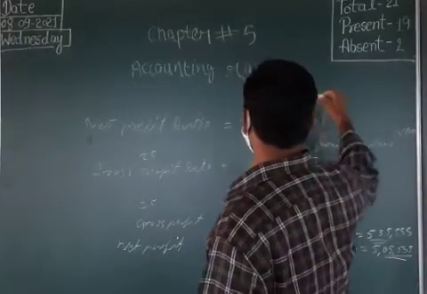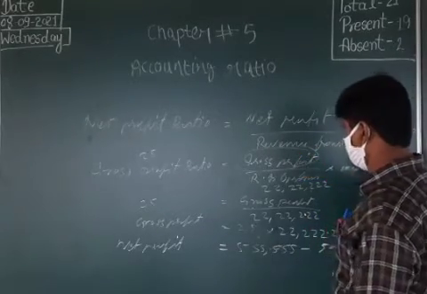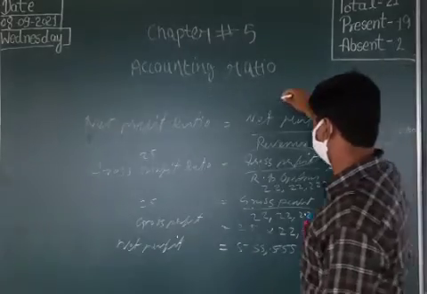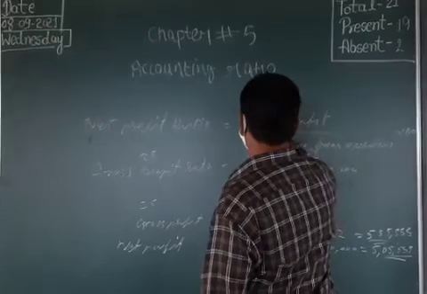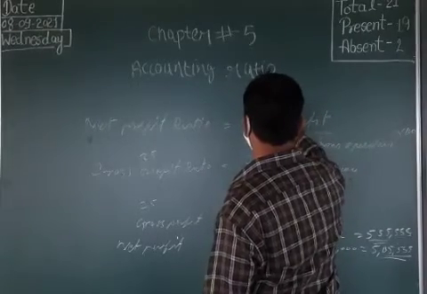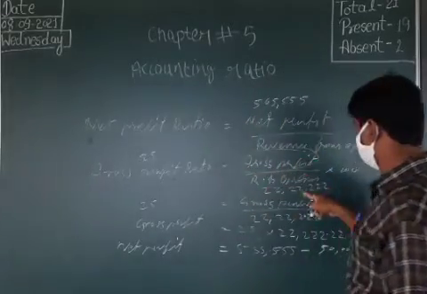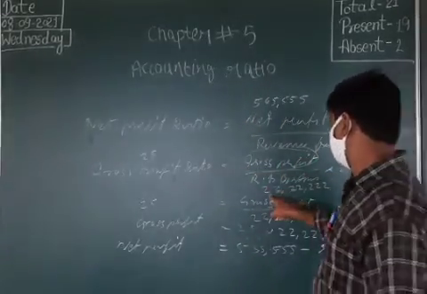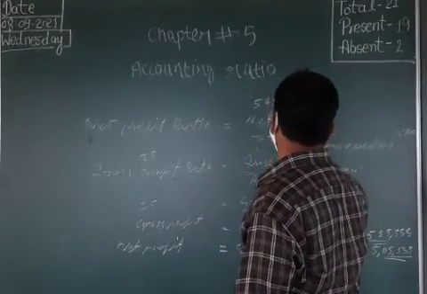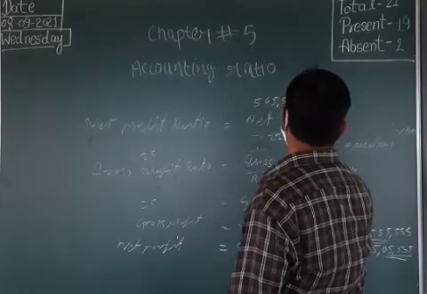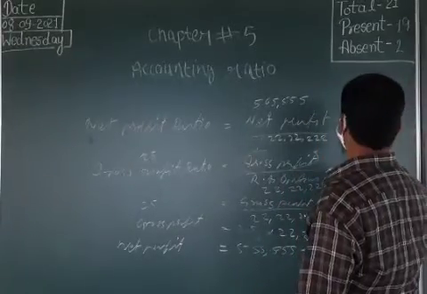So now we can directly apply the formula. Net profit we got, and total revenue from operation we also got. So here we apply the formula: 5,05,555 upon the revenue from operation, 22,22,222, into 100.